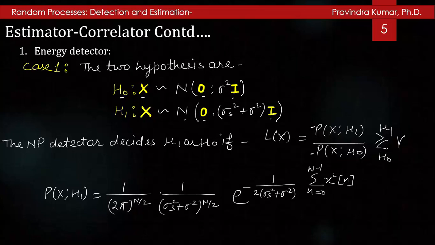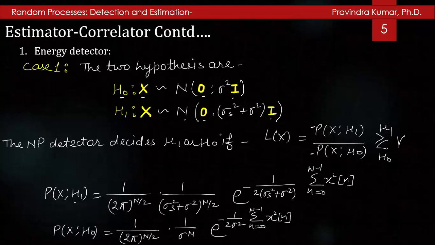Here the PDF under hypothesis H1 is equal to 1 by 2 pi to the power N by 2 into 1 by sigma s square plus sigma square to the power N by 2 into e to the power minus 1 by 2 into sigma s square plus sigma square, summation n equals 0 to N minus 1 of x square n.